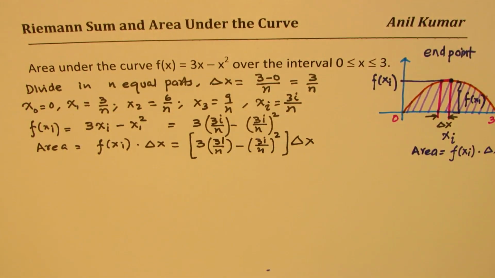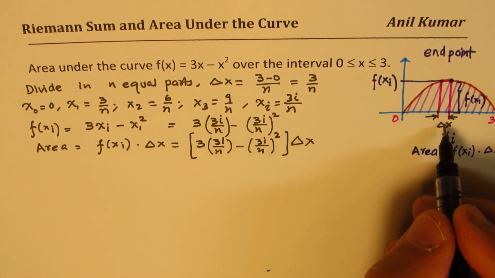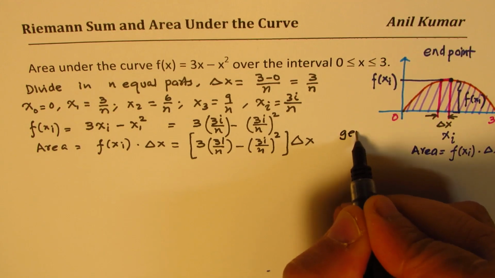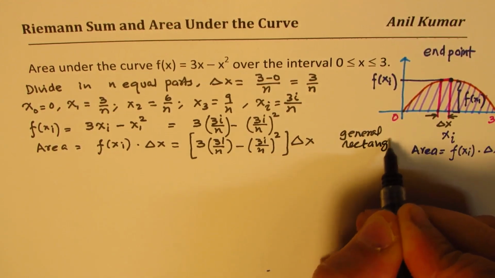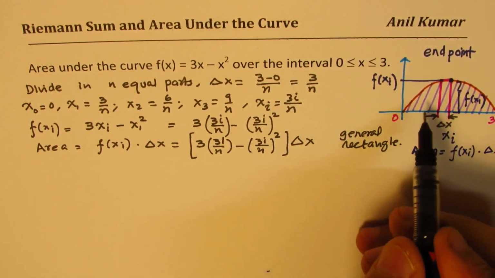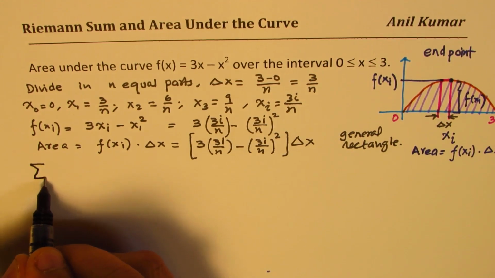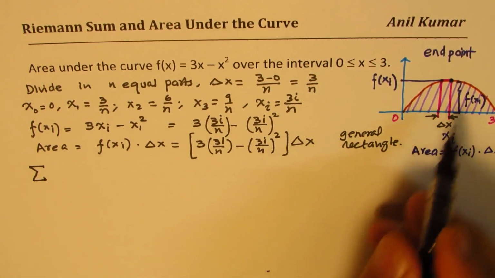So that becomes the area of this particular rectangle, of a general rectangle. The concept here is to add all these rectangles. So we denote it by writing this summation sign. Is that clear to you? So we are going to sum all these rectangles.